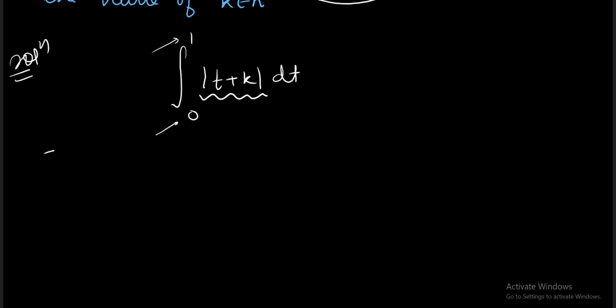0 to 1. So in the first case, I'm just assuming that let k be positive or 0 also. Suppose k positive or 0 hai. If k is positive or 0, then in this interval 0 to 1, t is also positive or 0. Overall, the quantity within the modulus is positive only, right? So in the interval 0 to 1, I can say that t plus k is going to be positive.